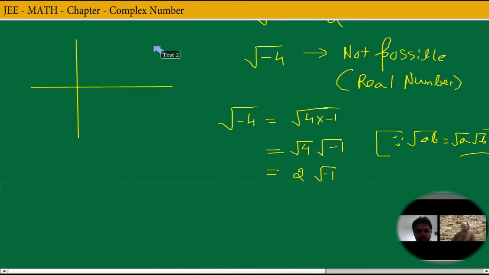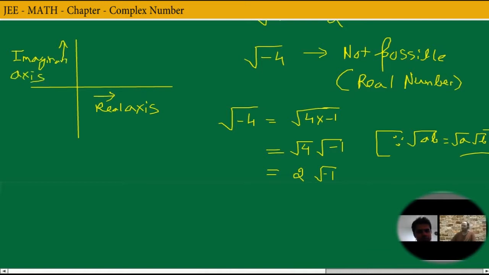For real numbers, as we define the xy plane, along the vertical axis we define the y axis, along the horizontal axis we define the x axis, and their point of intersection is called the origin. In the same way, they have defined this as the real axis, and the vertical one is called the imaginary axis.